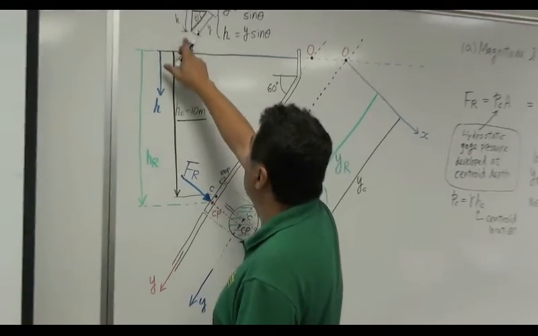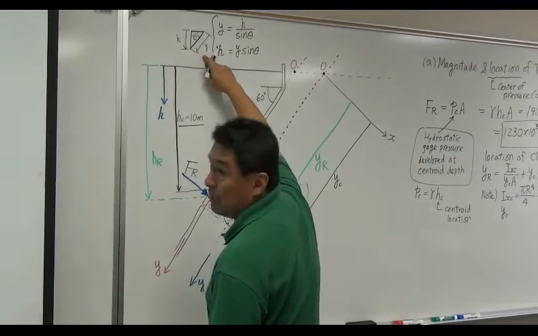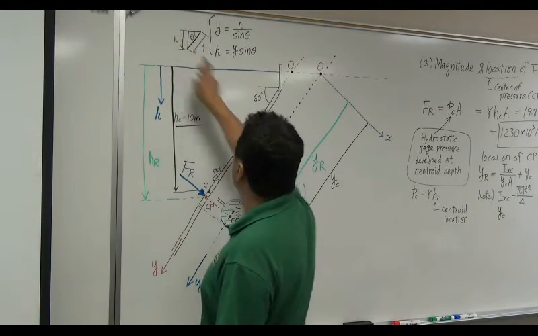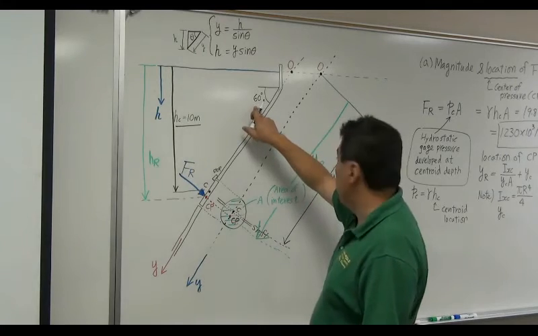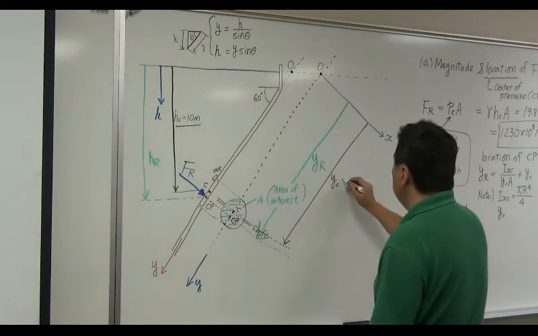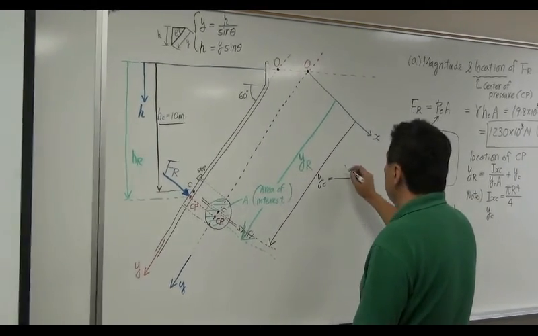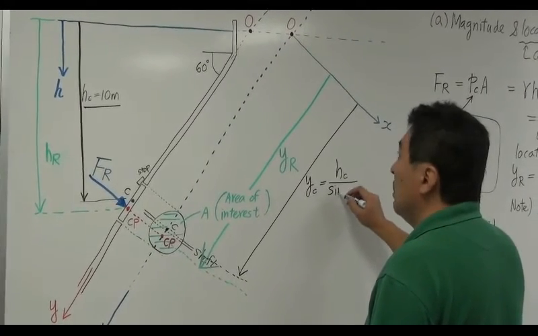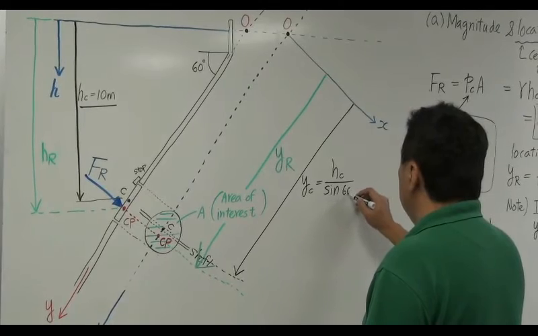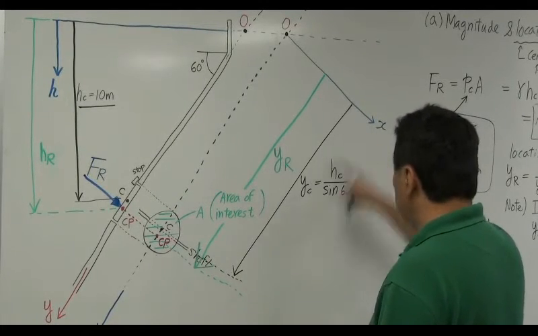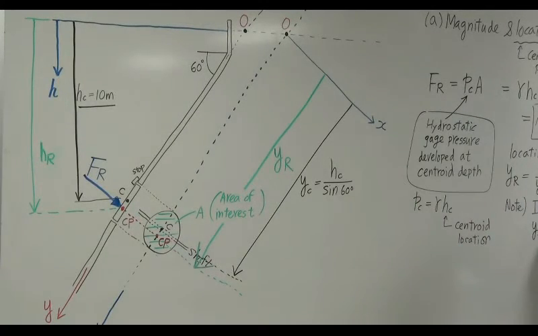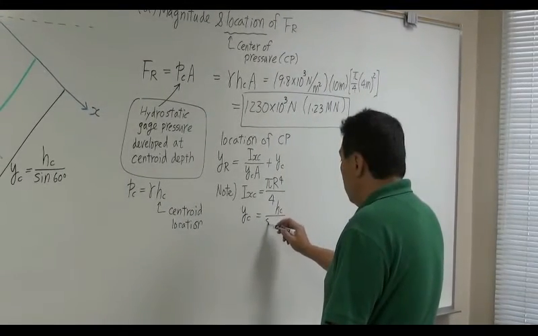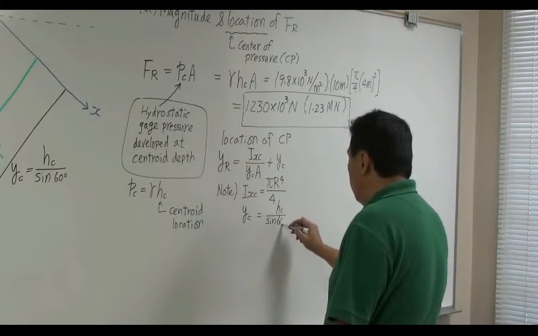This is a vertical depth, this is a coordinate distance, H and Y, related through the angle theta, which is 60 degrees right here. So YC is HC divided by sine of 60 degrees.